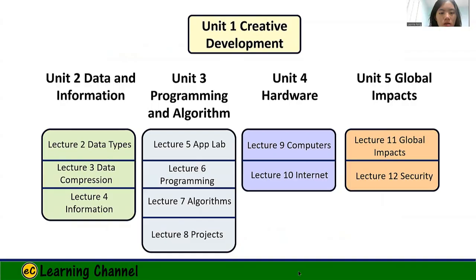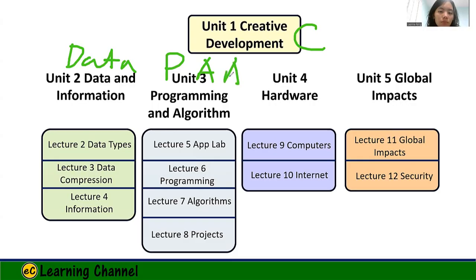So we have CADAPIG. Unit 1 covers the C. Then data and information covers the data. Programming and algorithms covers the P, an A, and another A. One is abstraction, one is algorithm.